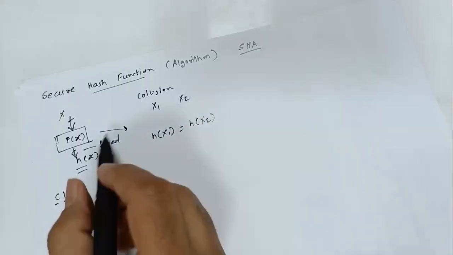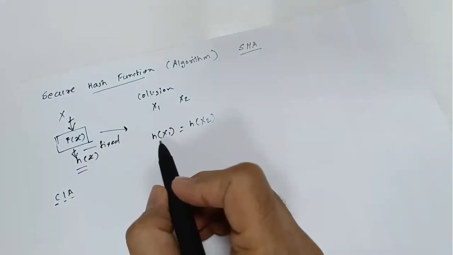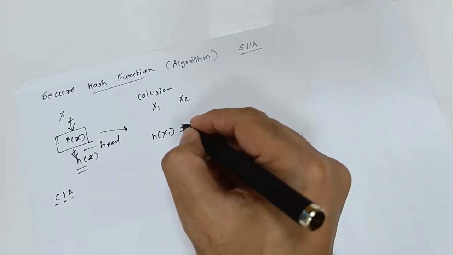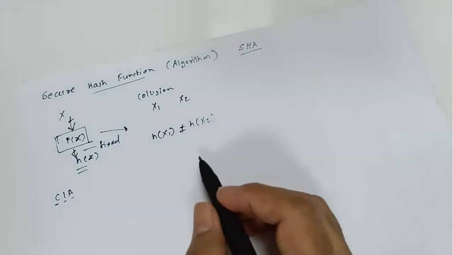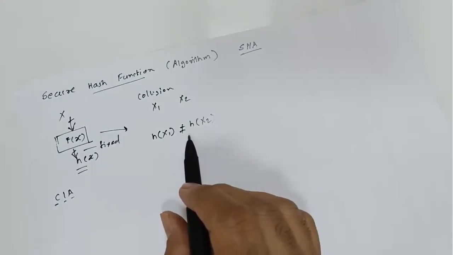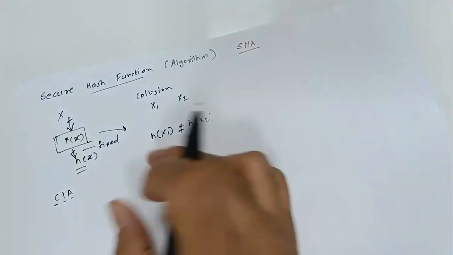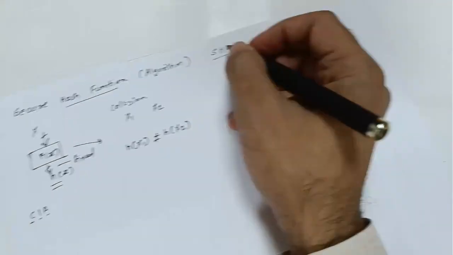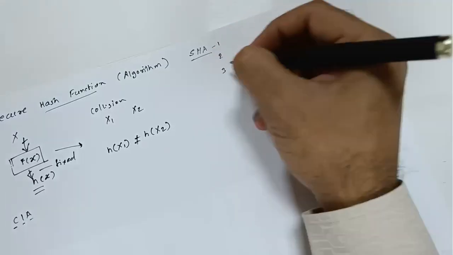Your function should not have any kind of collision. You consider any two inputs at random, and this should not happen. Okay, so that is the basic of hash function. Now we'll look at what is the secure hash algorithm, that is SHA. Now there are plenty of versions of SHA, SHA 1, 2, 3, and so on.